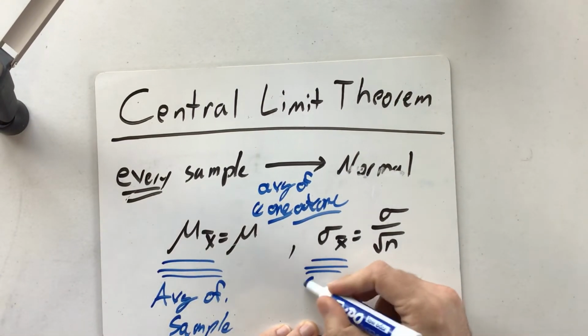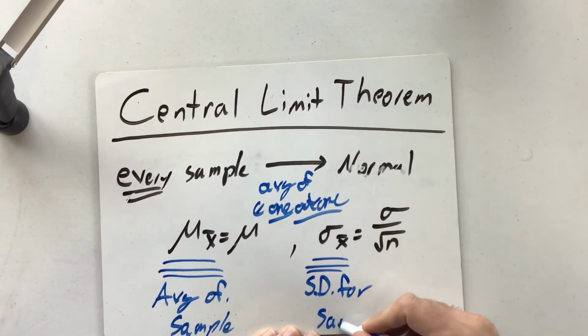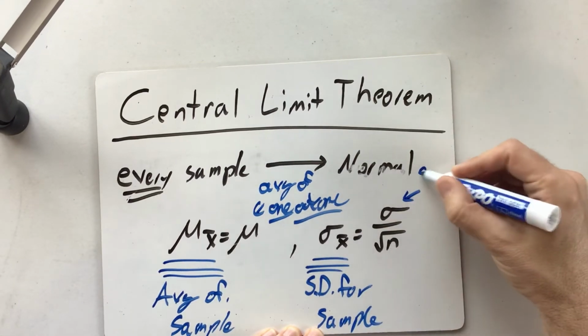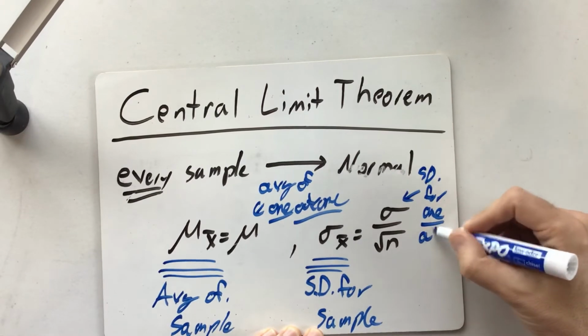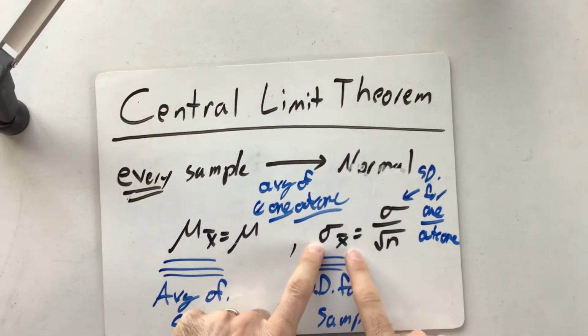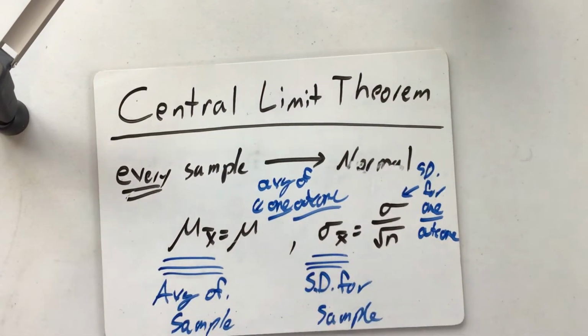This is the standard deviation. I'll just use SD for the sample. If you take the standard deviation for the sample, we can compare this to the standard deviation for one outcome. Now what this says is that you take your standard deviation for one outcome, and you divide it by the square root of n.